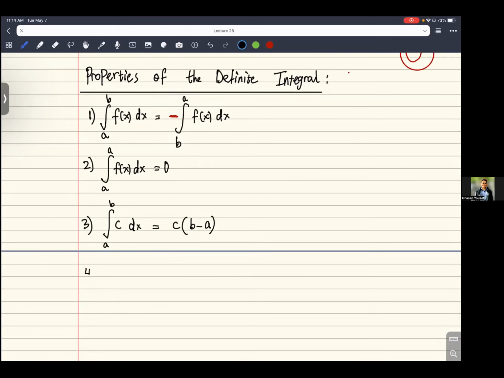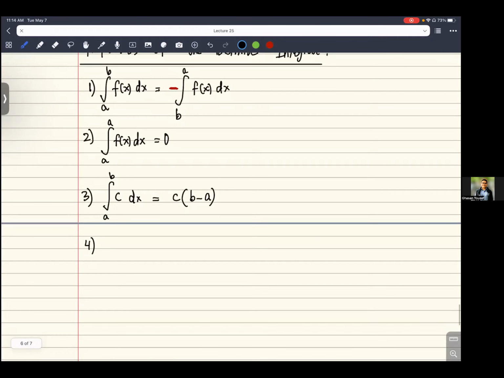Number 4, the integral for the function f of x plus g of x, dx from a to b is the same as the integral for the first function f of x plus the integral for the second one, g of x, dx from a to b.